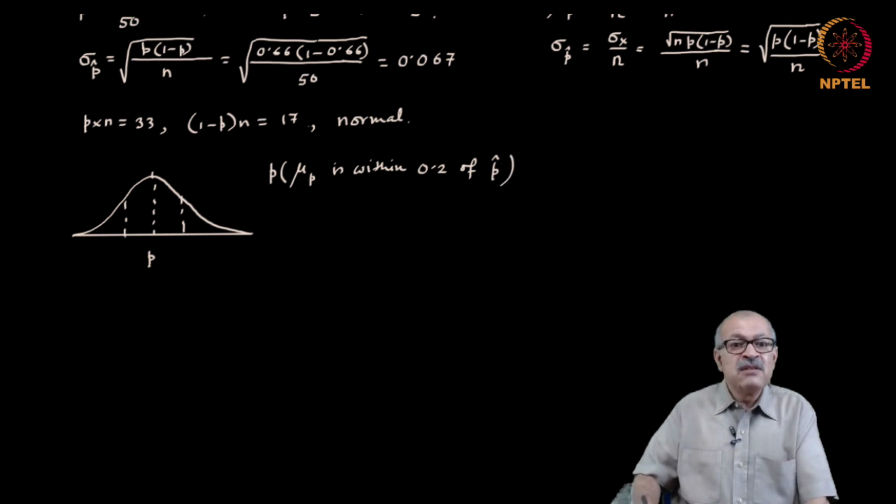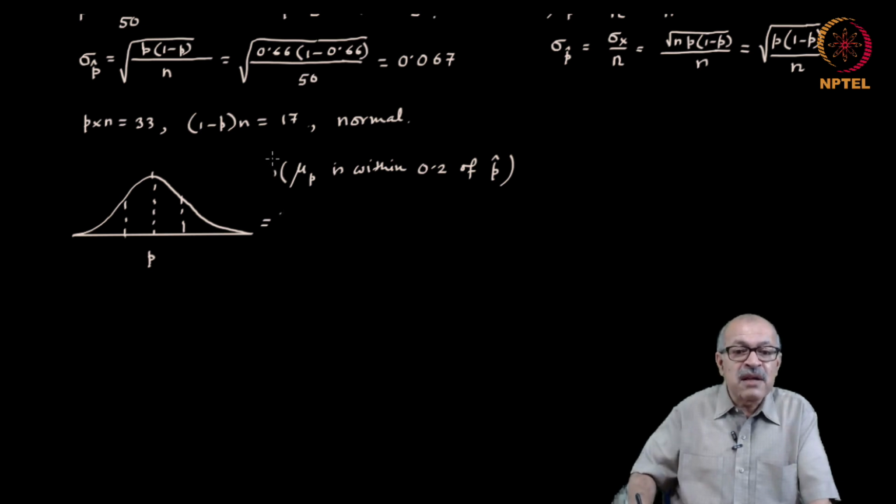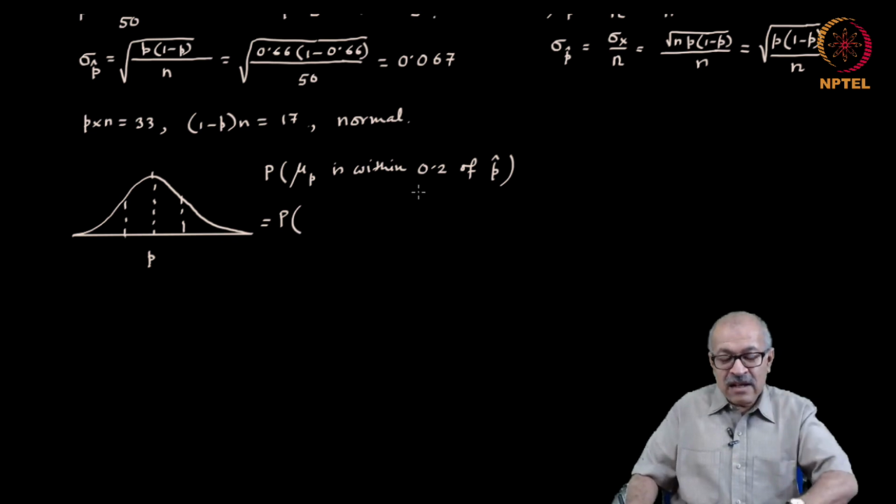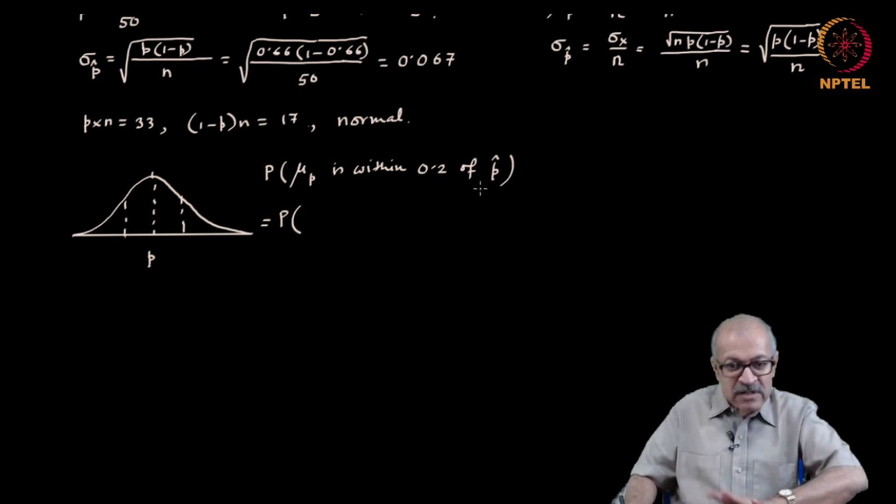So, P hat 0.66 minus 0.02 and plus 0.02. So, our statement is what is the probability that this is true. I will write this P as capital P because it is probability. Probability of, again like the earlier problems, we will reverse the argument.